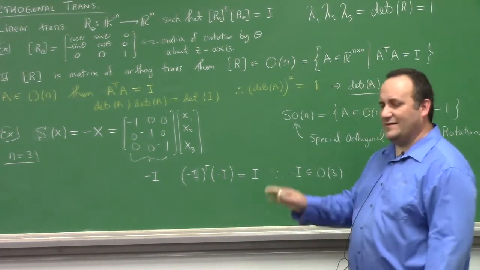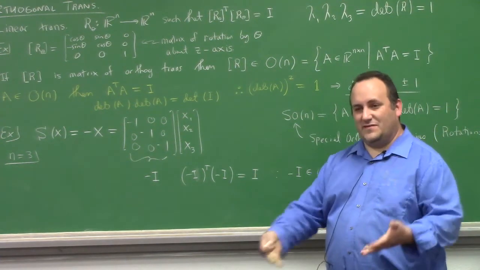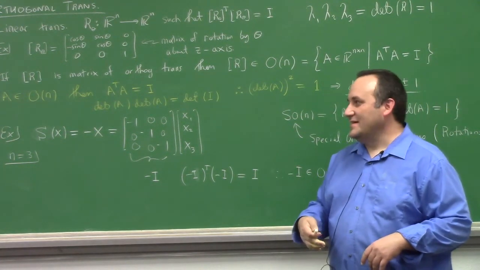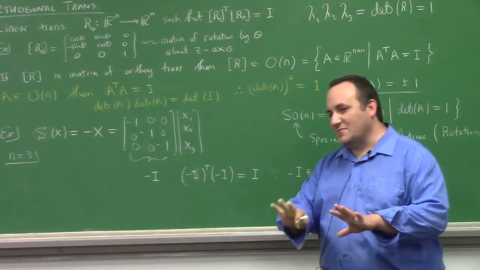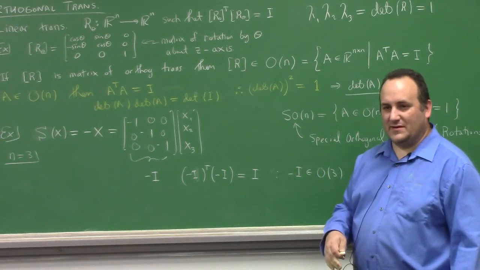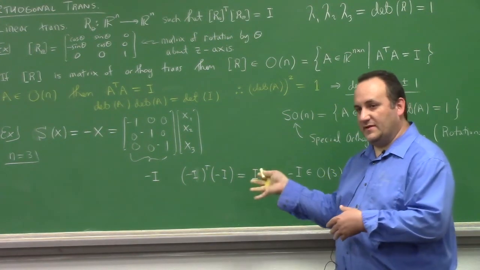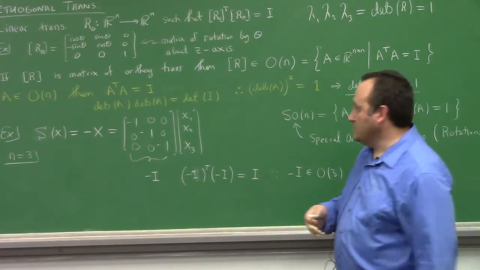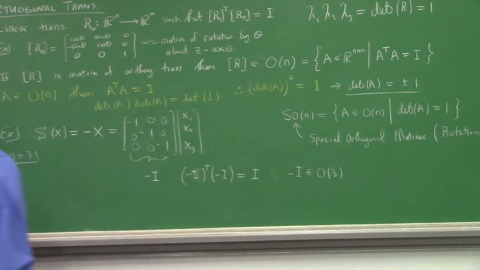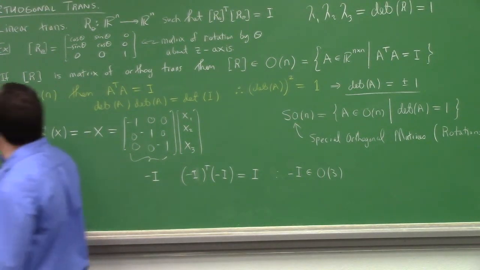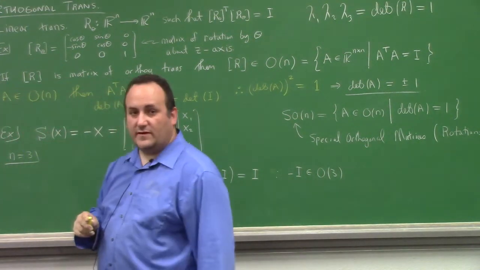I've already admitted that my explanation for what we should call a rotation versus a reflection is somewhat incomplete. I'll just tell you this: determinant 1, rotation; determinant minus 1, not a rotation. Okay. Now, my claim though is that orthogonal transformations are isometries.